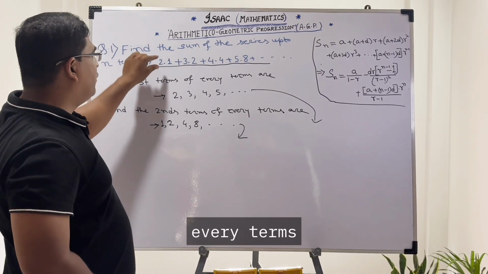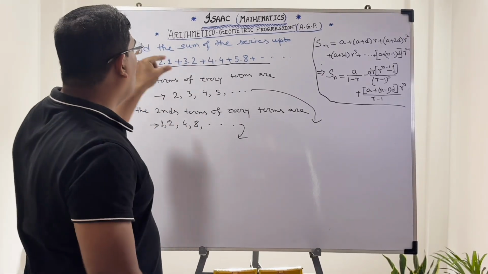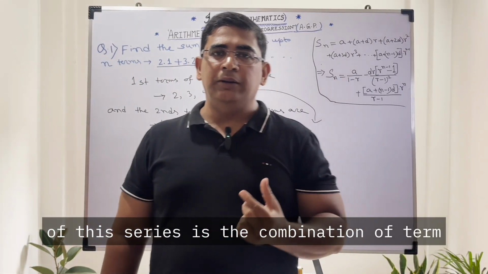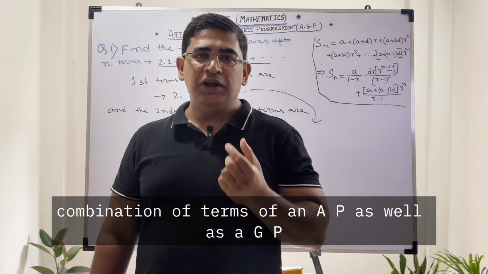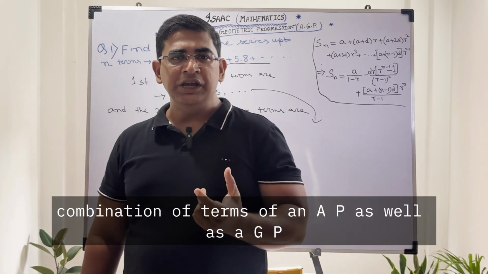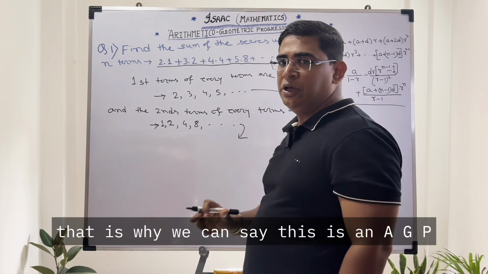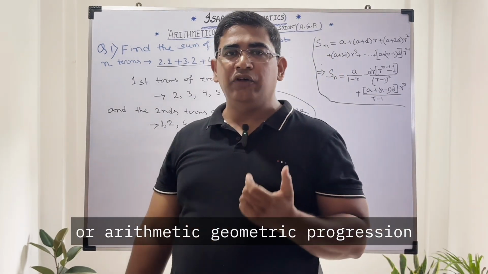So every term of this series is a combination of terms of an AP as well as a GP. That is why we can say this is an AGP, or arithmetico-geometric progression.